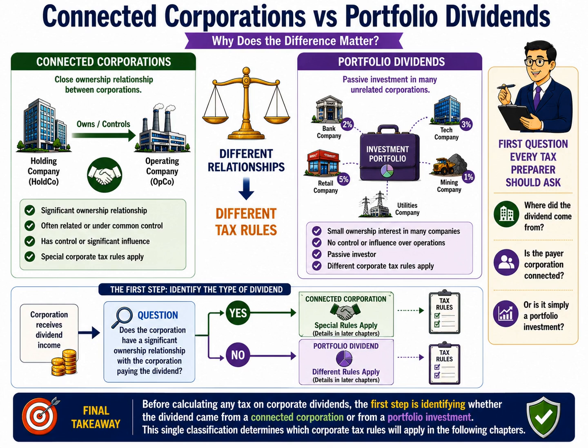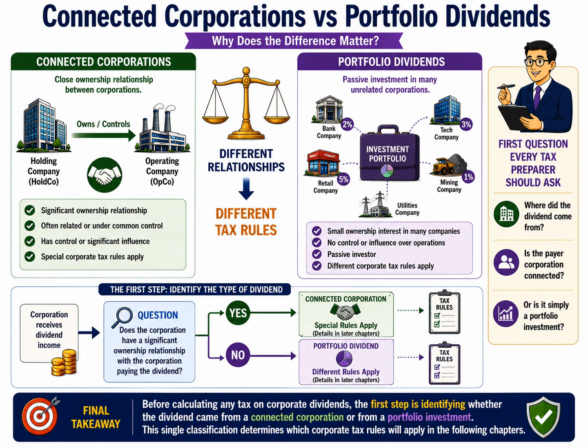Now compare that with portfolio dividends. In this situation, the corporation simply owns small investments in many unrelated companies. It may own a few percent of a bank, a technology company, a retail company, or several publicly traded corporations.